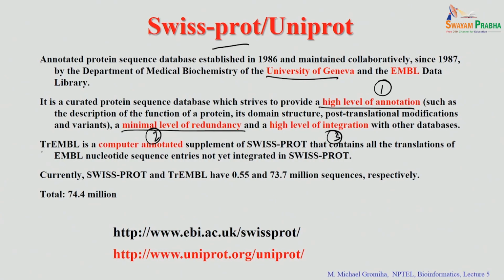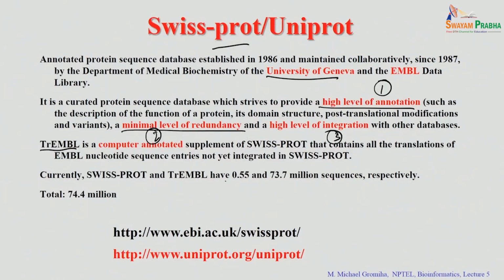This is the reason why there are several users for this particular database called UniProt. Then they have another supplemented database, TrEMBL, which is translated sequences. This is the computer annotated supplement which contains all translations of the EMBL nucleotide entries which are not integrated into SwissProt. In SwissProt, they have manually curated the sequences and they provide very accurate information.